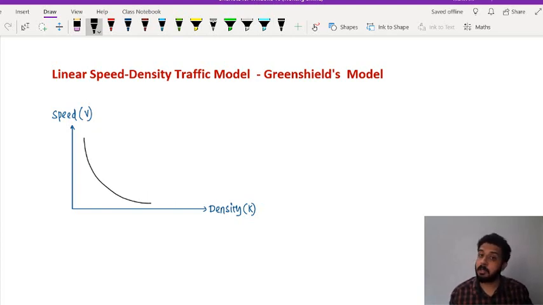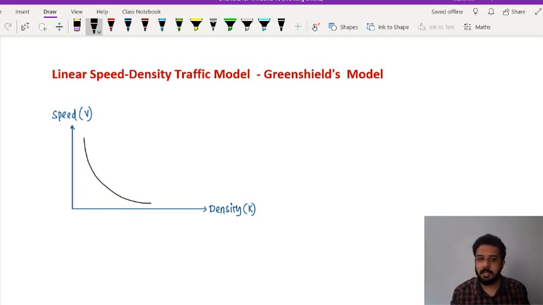It is a non-linear relationship practically. But if it is a non-linear relationship, it is somewhat difficult for us to analyze the situation and for some calculations. So what Greenshield has done, see, so many models were there before Greenshield which were assuming a non-linear relationship. So there were a lot of disadvantages for such models.